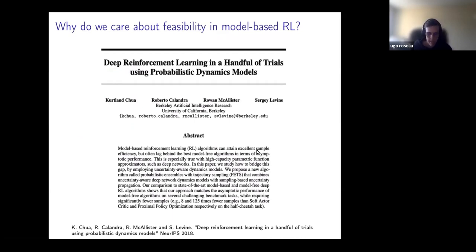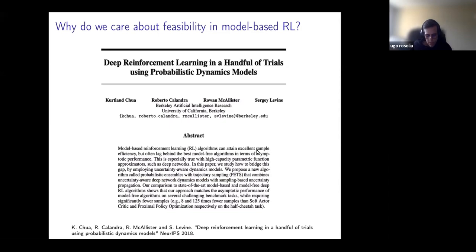This is a paper that came out from Berkeley in 2018 and proposed the PETS algorithm, which stands for Probabilistic Ensemble with Trajectory Sampling. This paper actually was really important, and if you are interested in model-based RL, I highly recommend reading it.